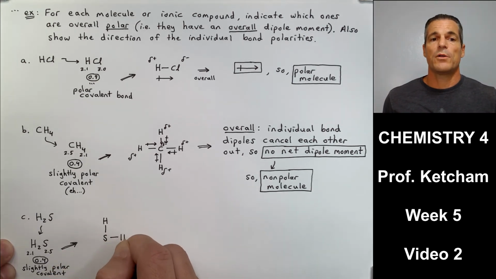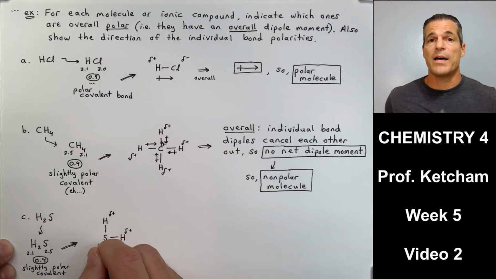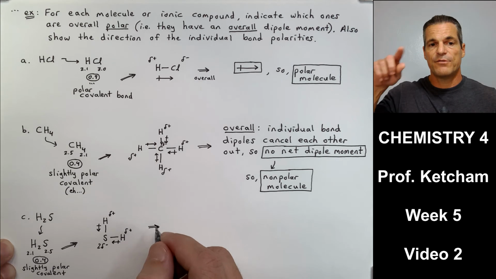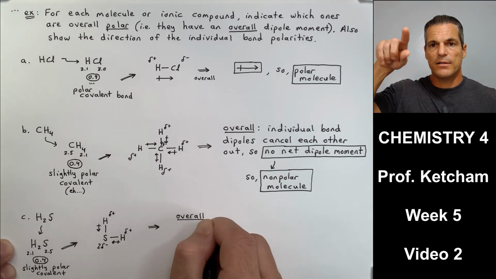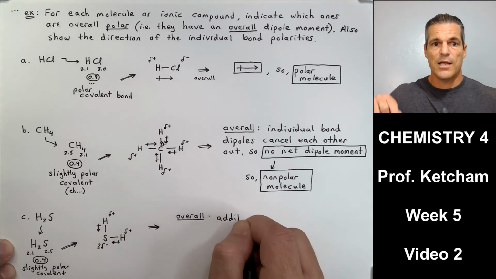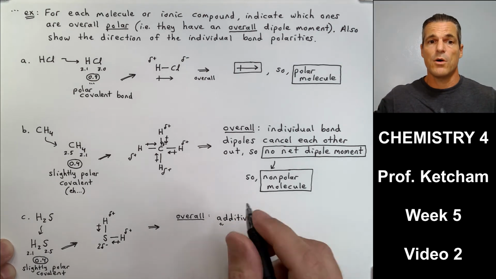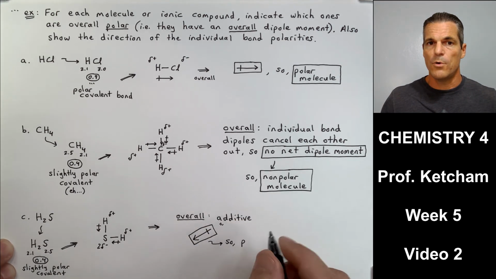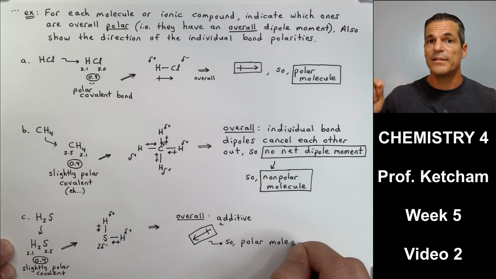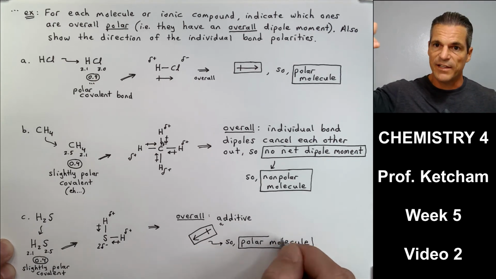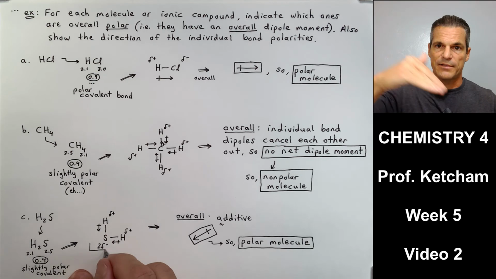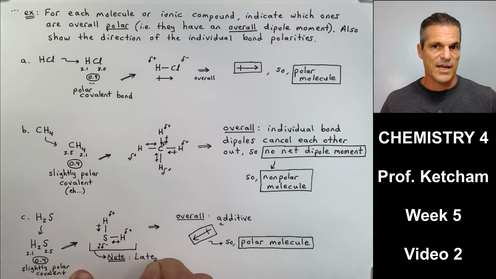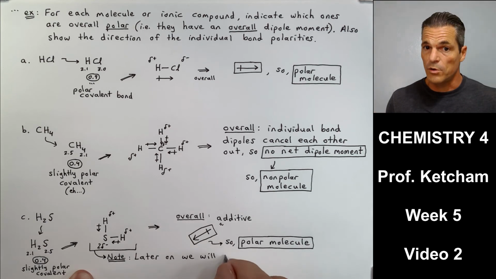I happen to draw my HSH like this, and so I have a dipole moment going down, and I have a dipole moment, in my case, going from right to left. So collectively, those two individual bond polarities add up for me from top right to bottom left. The fact that I can draw a dipole moment for the entire molecule means this is a polar molecule.